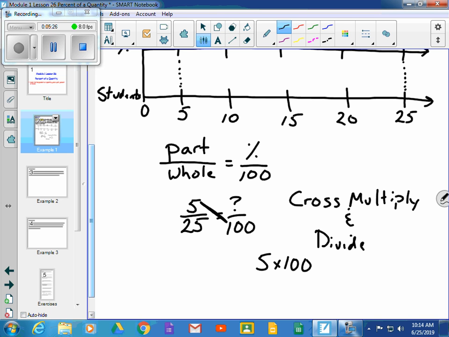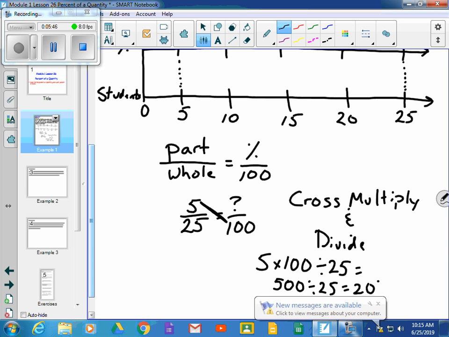We're then going to divide it by the third. We're going to divide it by that 25. 5 times 100 is 500, and if we divide that by 25, we get 20. And of course, that's the answer that we got from our double number line.